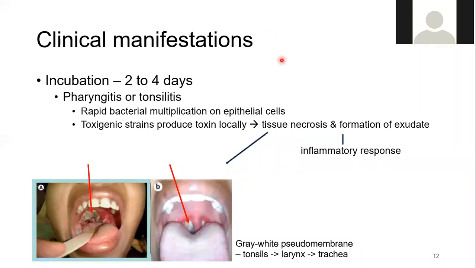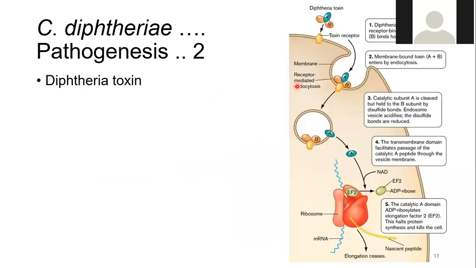Please re-explain the mode of action. Okay, so we go back. Someone called student, which you all are, requested a re-explanation. Okay, so the diphtheria toxin has 2 subunits, the active subunit and the binding subunit. The binding subunit binds a receptor on the host cell.